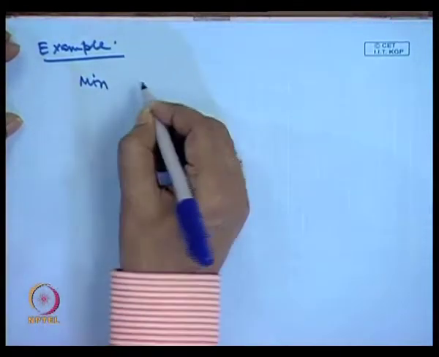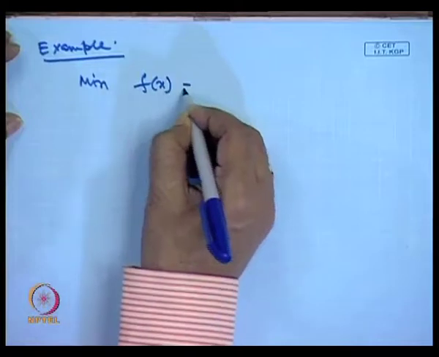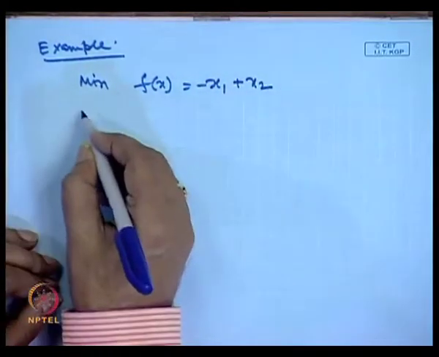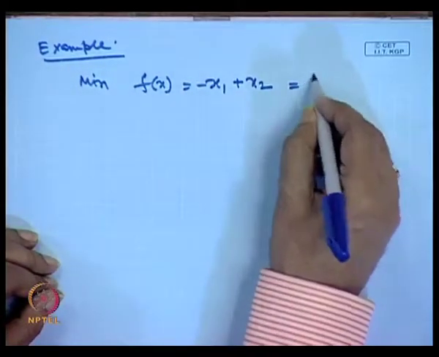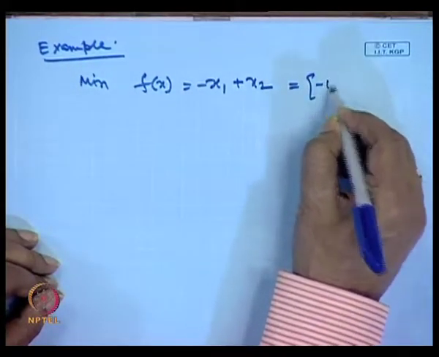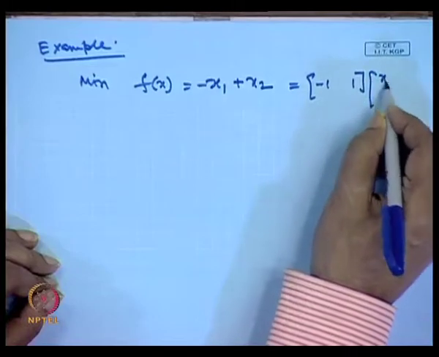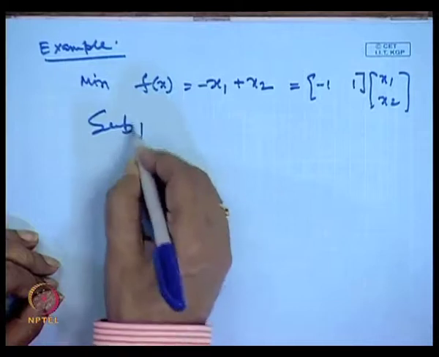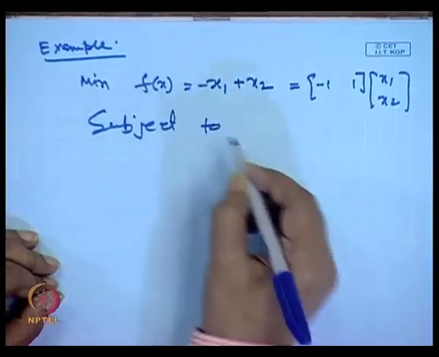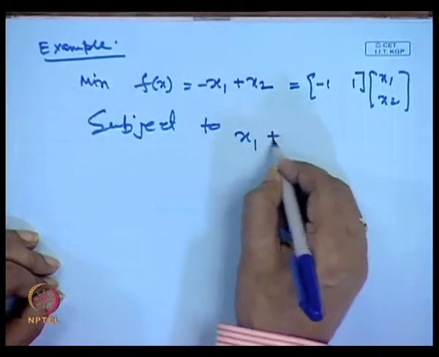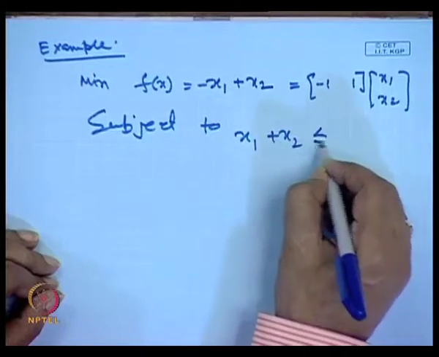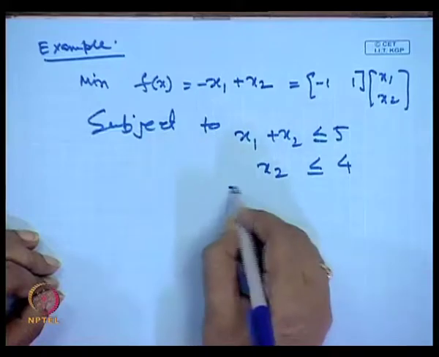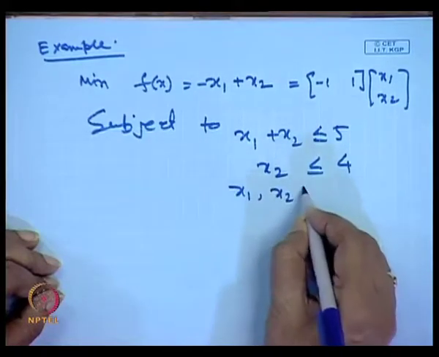Minimize f of x equal to minus x1 plus x2, subject to x1 plus x2 less than or equal to 5, x2 less than or equal to 4, and x1, x2 greater than or equal to 0.